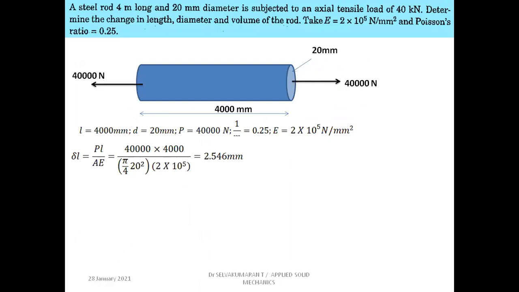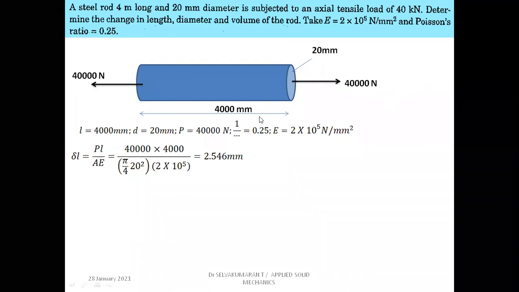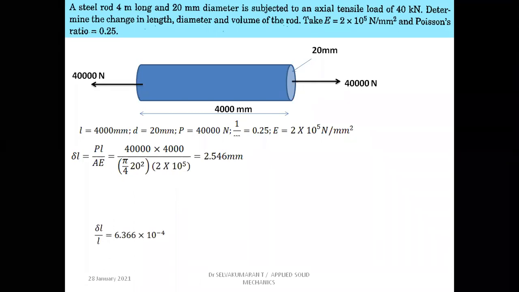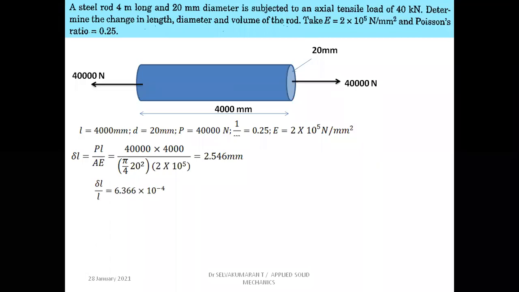So delta L is equal to PL by AE. P is the force, 40,000 Newton, and length is 4,000. Area is pi by 4 d square, and E is 2 into 10 power 5. You get 2.546 millimeter. Delta L by L is nothing but the strain, which is coming out to be 6.366 into 10 power minus 4.